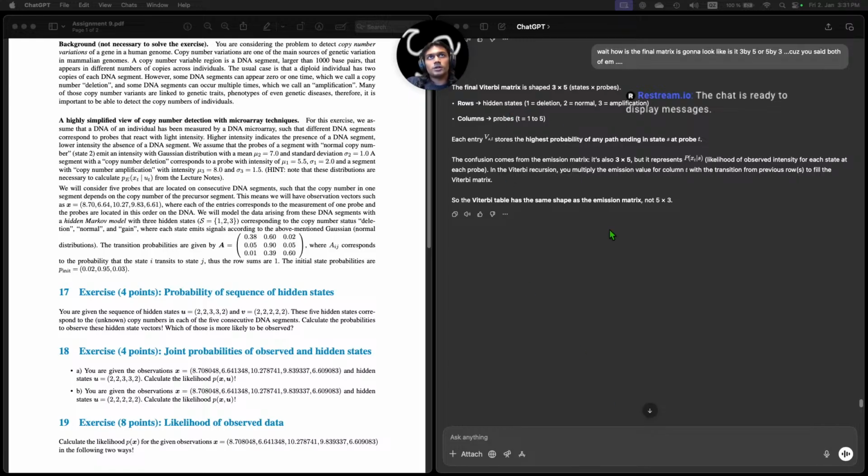The final Viterbi matrix is shaped 3 by 5, states by probes.